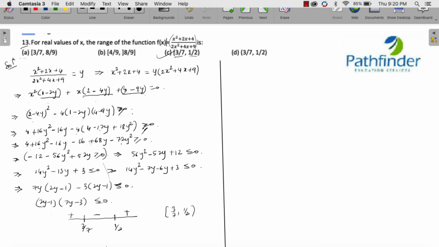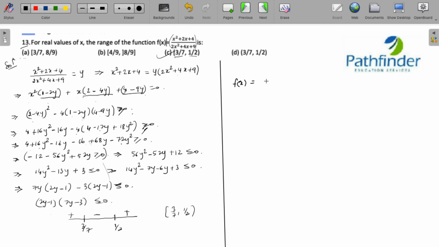Now let us look at the same question by another method. So what does the other method say? Our function f(x) is (x square plus 2x plus 4) upon (2x square plus 4x plus 9). So now what do you do?